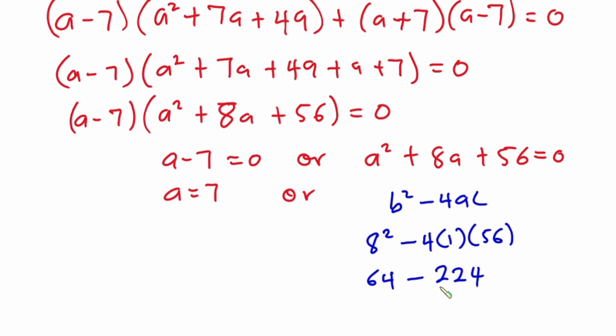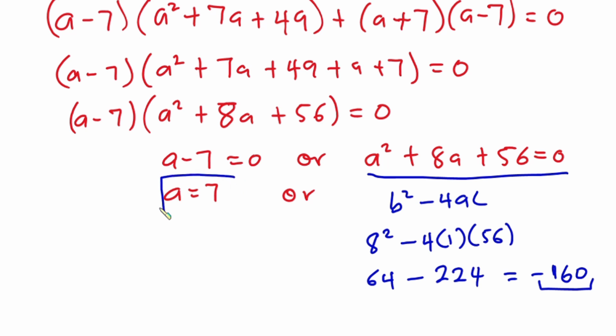Now 64 minus 224, that is negative 160. So you can see that we have a negative over here, which means this quadratic equation has no real root. So the final real solution to this problem is a equals 7.